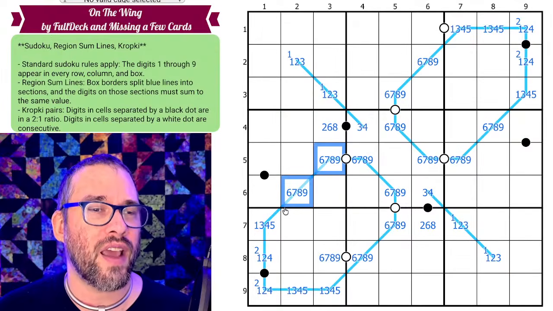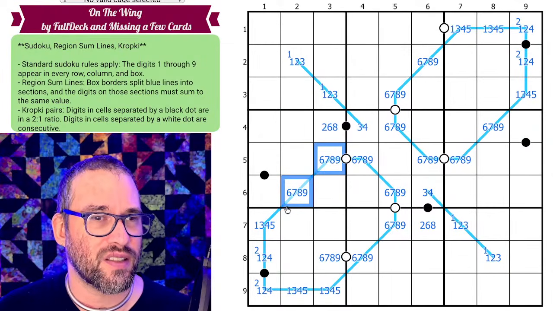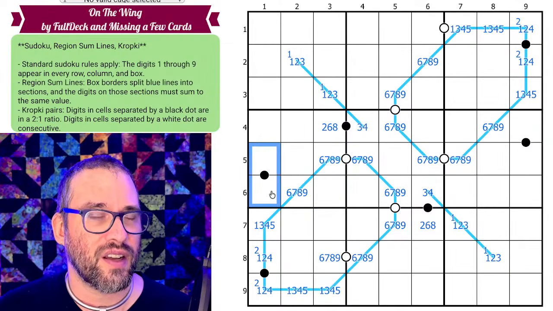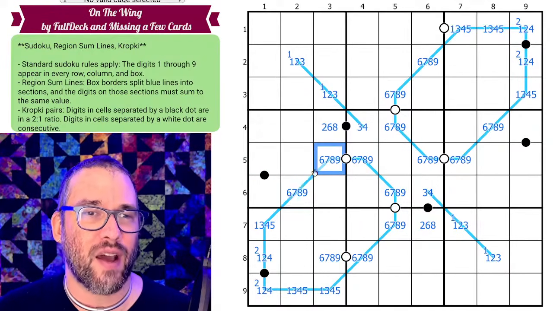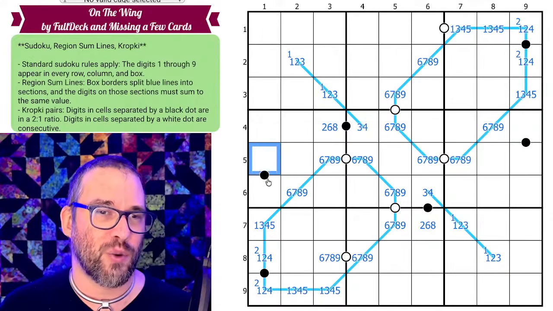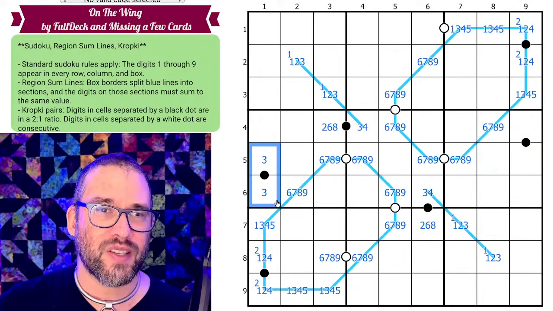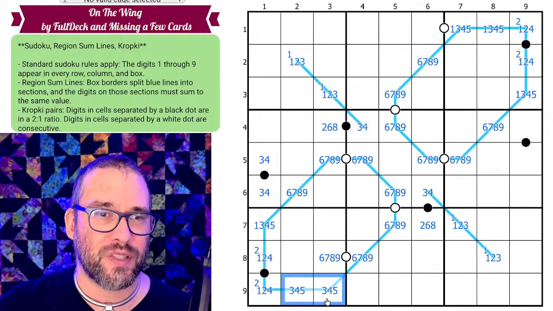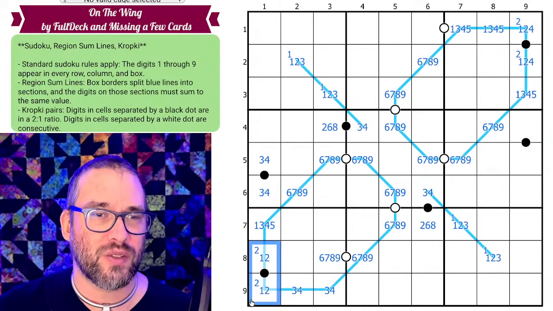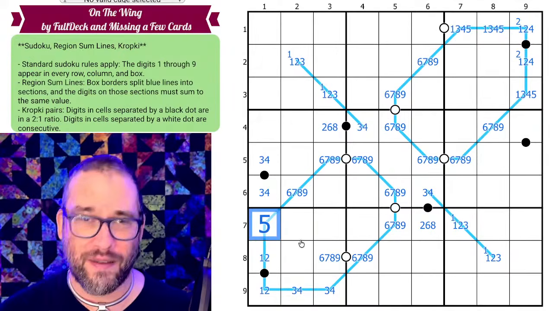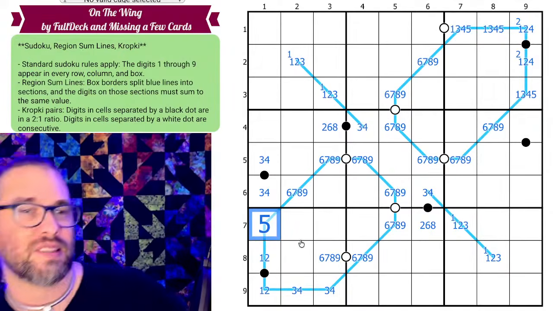Oh, nice. This is 3, 4, 6, 8. But we can't take 6 and 8 out of these cells, or we break the sum. So this is actually 3, 4, which means this is 3, 4. Which means this is 1, 2, and that's 5, and we get to do a 5 dance.